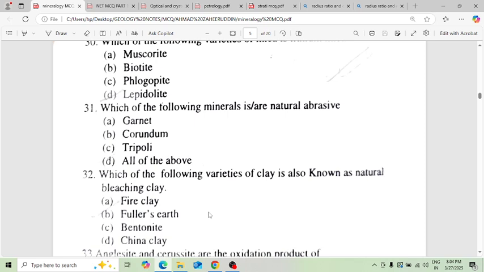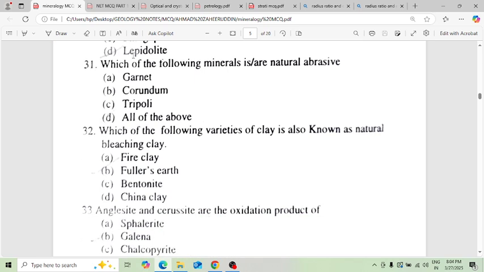Leaching clay. Fuller's earth. This is all of the above. This is Fuller's earth.